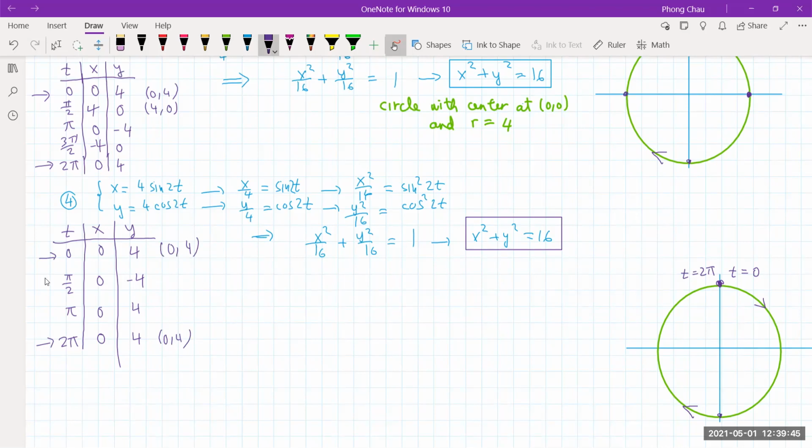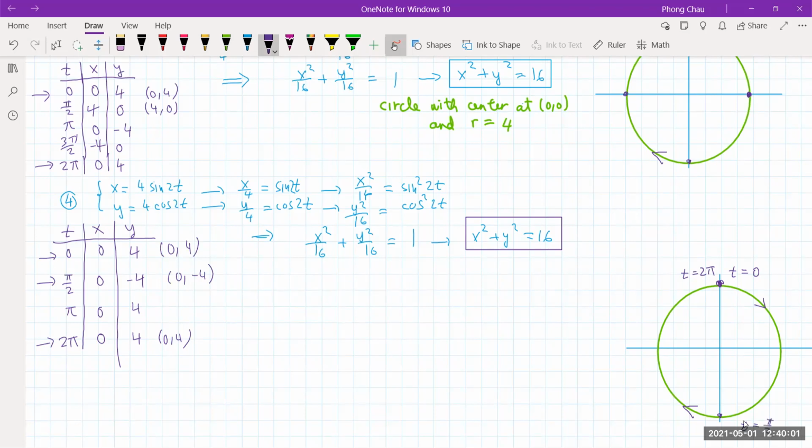So it looks like everything's the same. However, if we look at the next values, when t is pi half, we are at 0, -4, so we are down here.